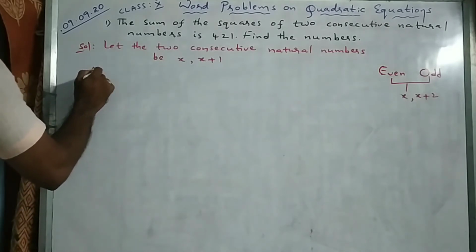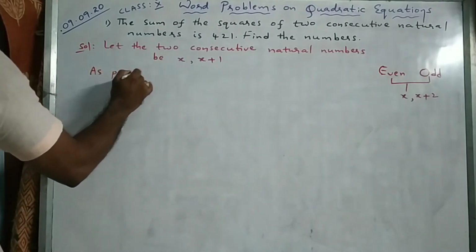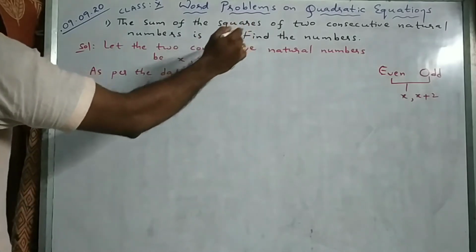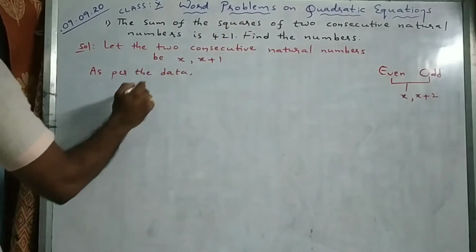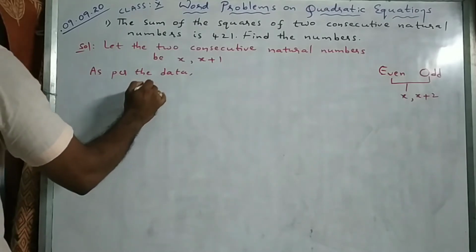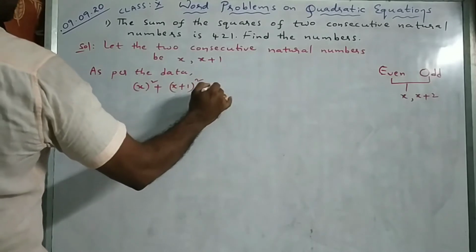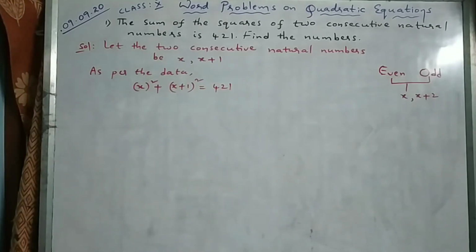Now as per the data, the sum of the squares of two consecutive natural numbers means x square plus x plus 1 whole square equal to how much? 421.